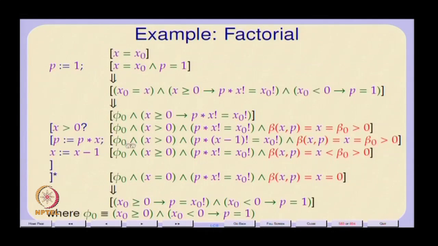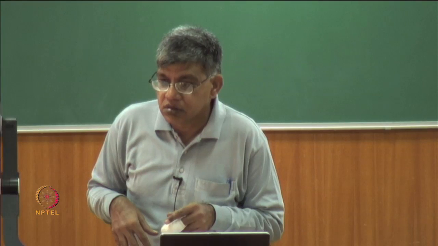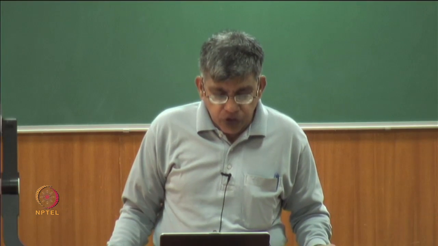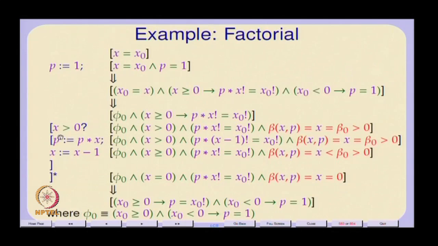In fact, here this invariant property is destroyed because I have x minus 1 instead of x, but then doing the assignment x is assigned x minus 1 restores the invariant. So, inside the loop, the invariant can get destroyed and restored, but at the end of the loop, before you go back to checking this condition again, that invariant has to hold, and it does hold.